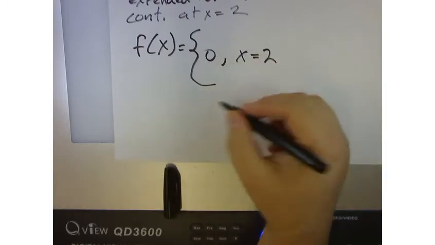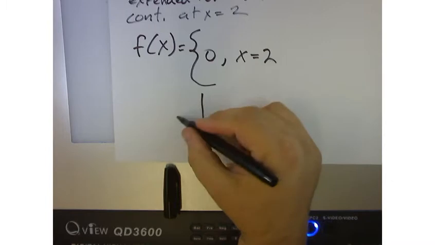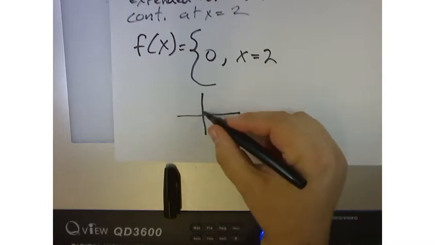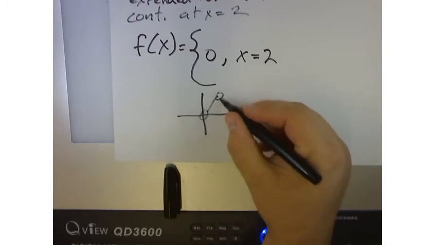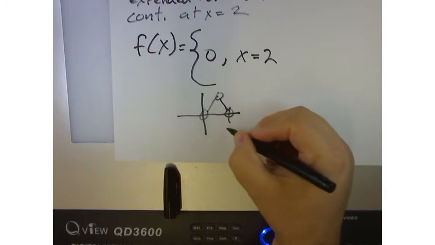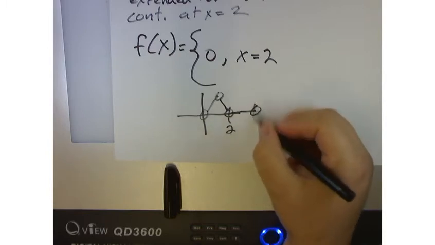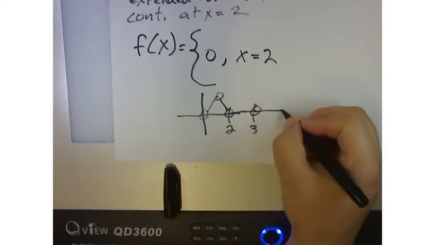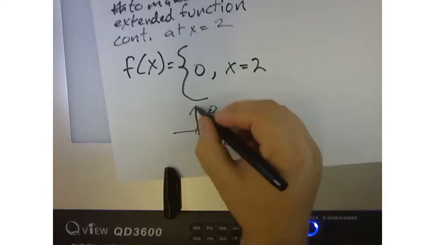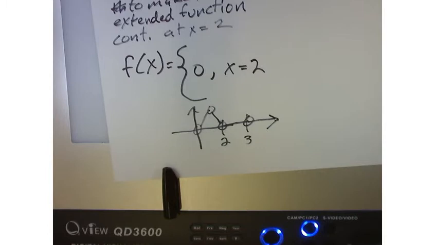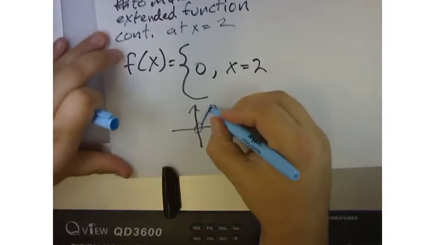And so I'm going to sketch the graph here. We've got a graph like this. We've got an open circle here at 2, and then we have another open circle at 3. So that's really our function there. And let me draw it in a different color so you can see.